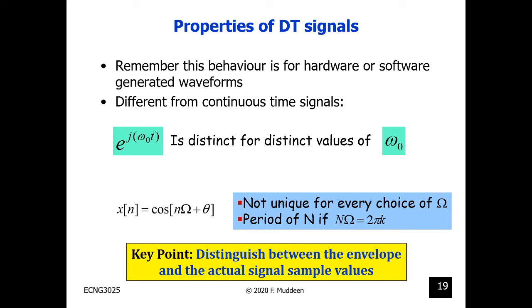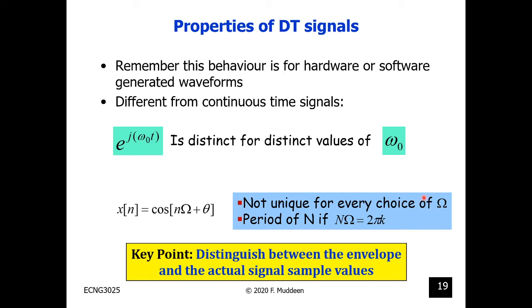Mathematically, with regards to discretized frequency, we can see here that discretized frequency, instead of being represented F, is represented as capital omega. The omega naught here that we observe when we're modifying it tends to be distinct for independent values of omega naught.